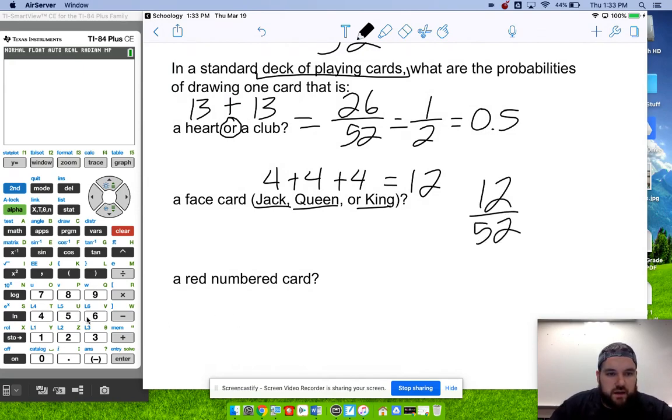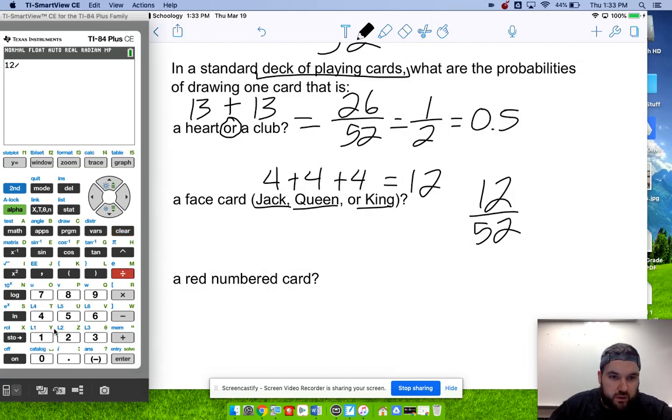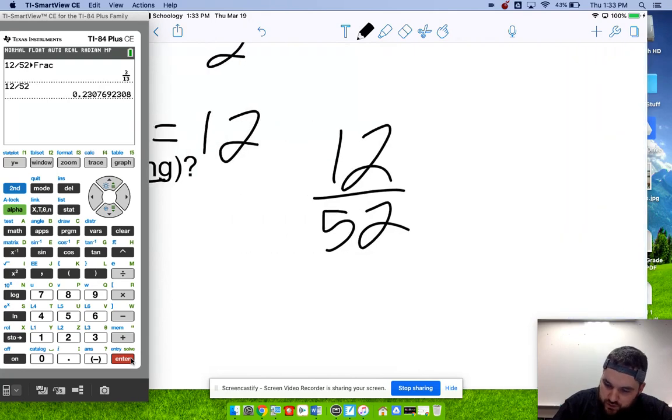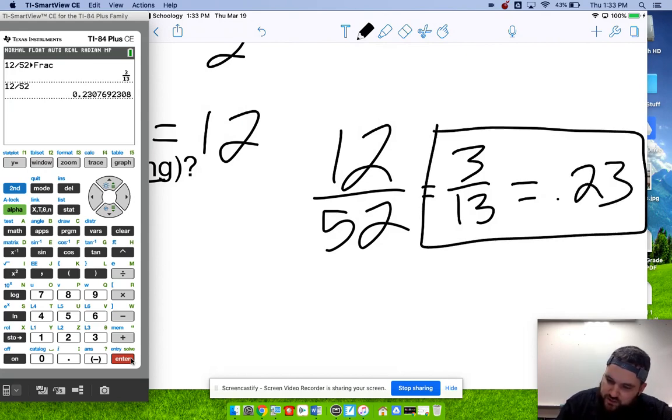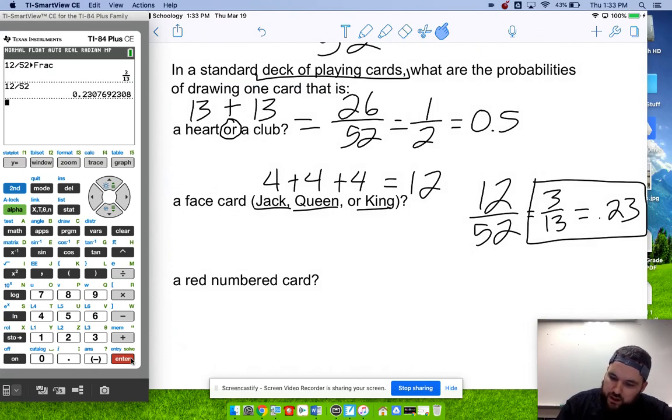We use the ability that the calculator has. 12 divided by 52 as a fraction is 3 out of 13, and as a decimal is 0.23. So you have about a 23% chance of getting a face card if you just picked one card out of the deck.